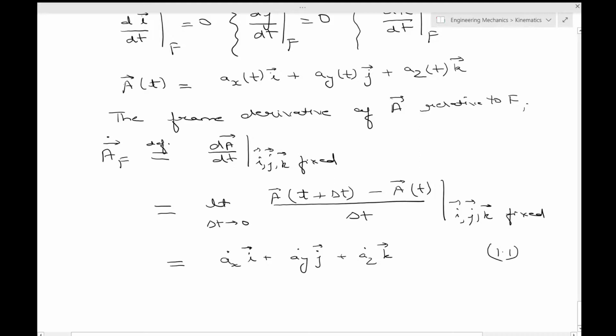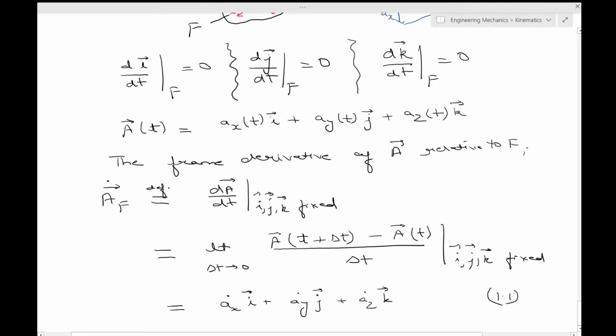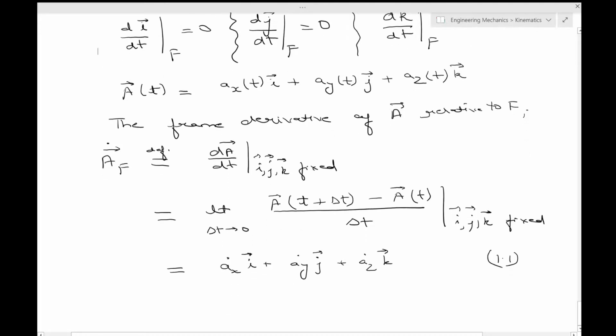Now this is happening because if you apply the chain rule, the derivatives of i, j, k would all be 0. Look at this definition: A of t is equal to ax(t) i plus ay(t) j plus az(t) k.